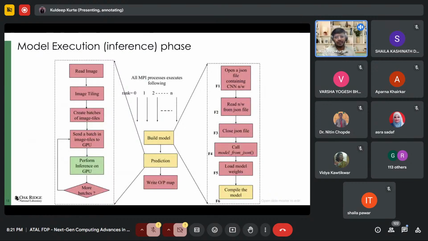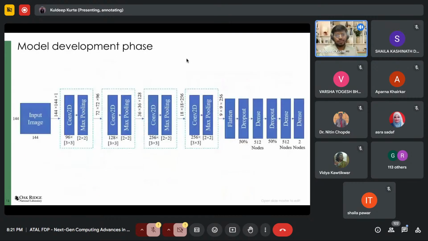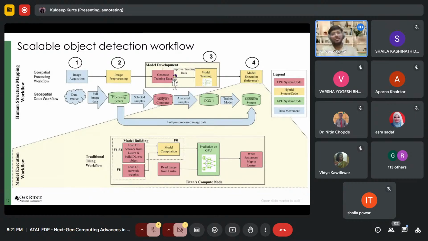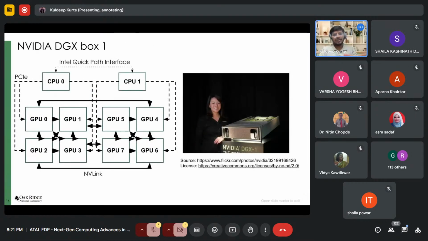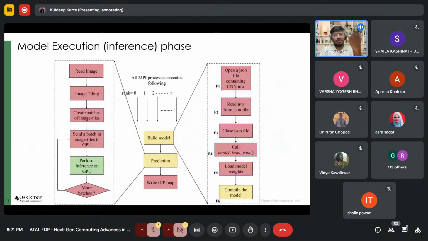Again, these are the very intuitive steps that we particularly do during model inference. So I showed you the entire end-to-end workflow, what model architecture we typically use, and what system we used for training the model, and now in the last, fourth phase, we actually use that model for inference.